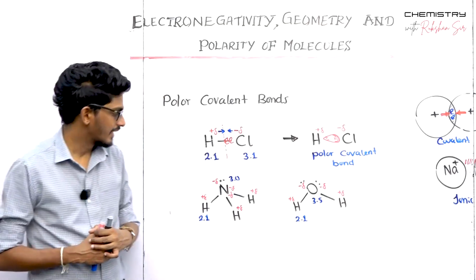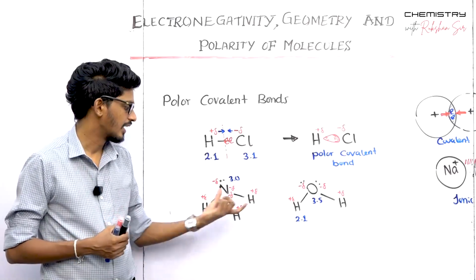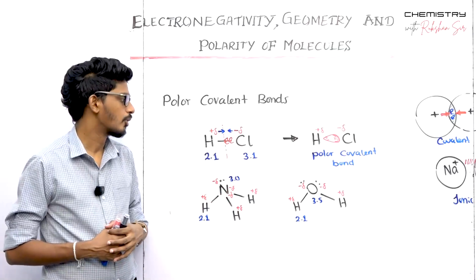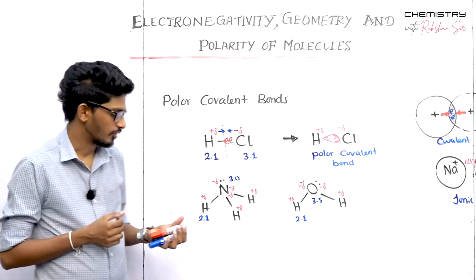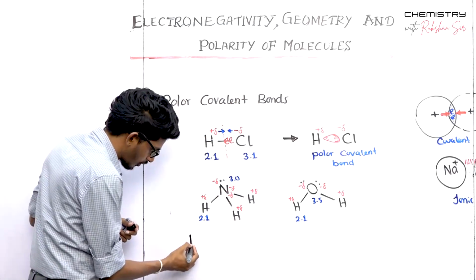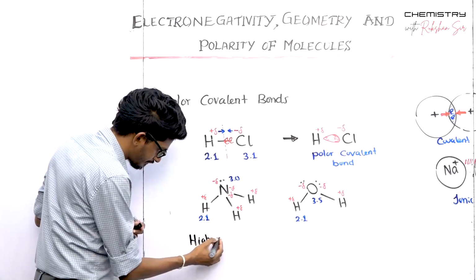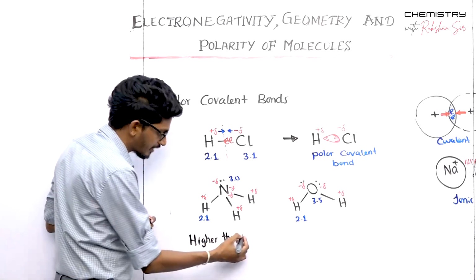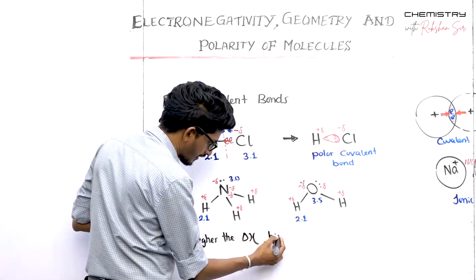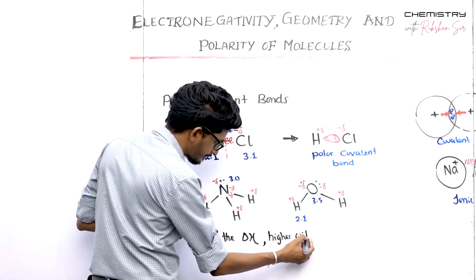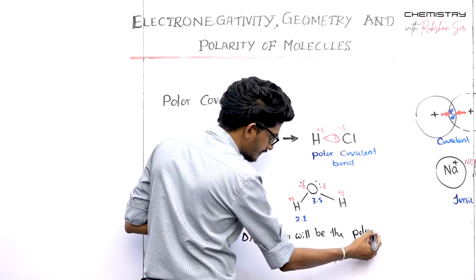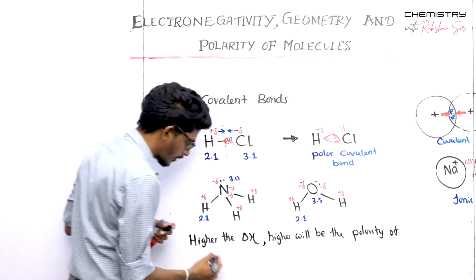Then we can say, higher the electronegativity difference of the two atoms, greater will be the polarity. So higher the electronegativity difference, that means higher delta x, higher will be the polarity of the covalent bond.